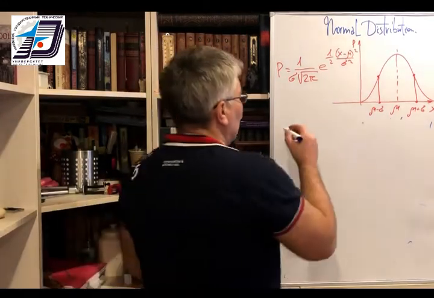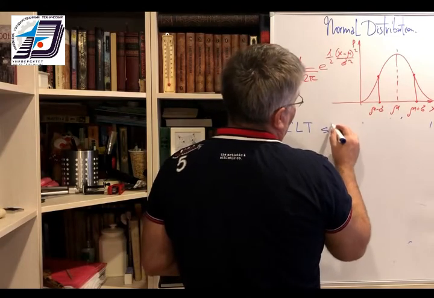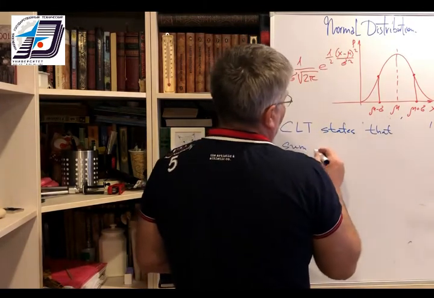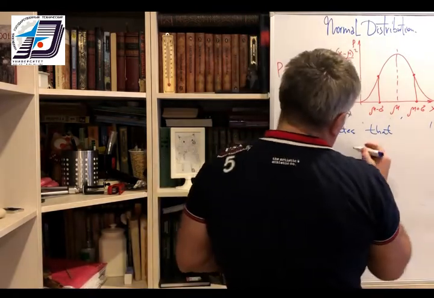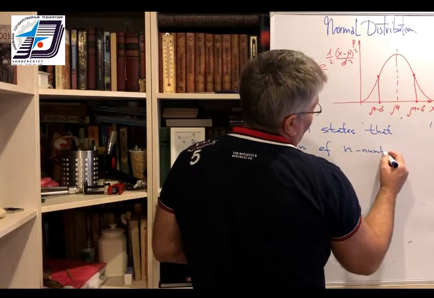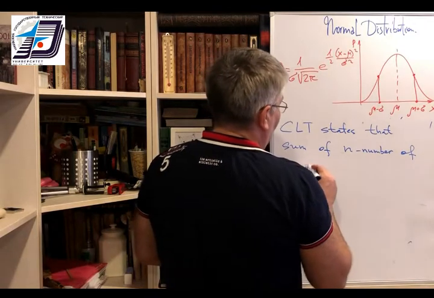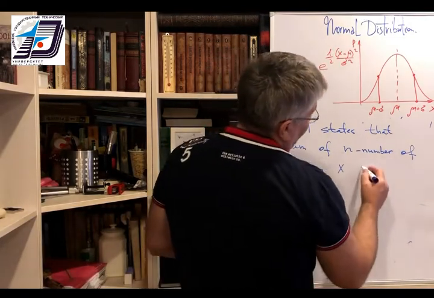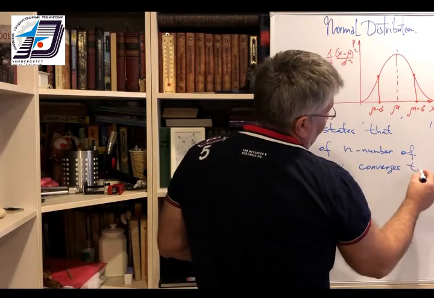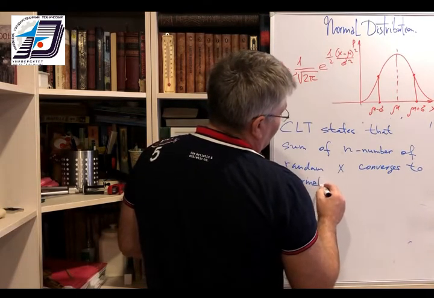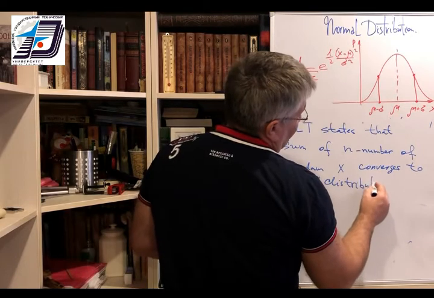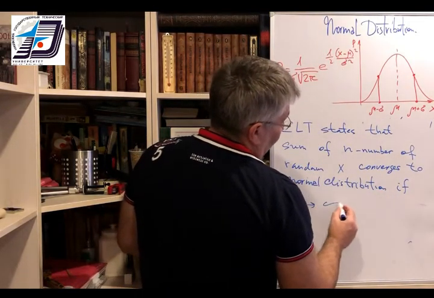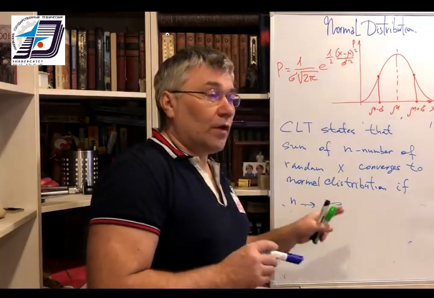The central limit theorem states that the sum of n random variables x converges to the normal distribution if n tends to infinity, if n tends to a very large amount.